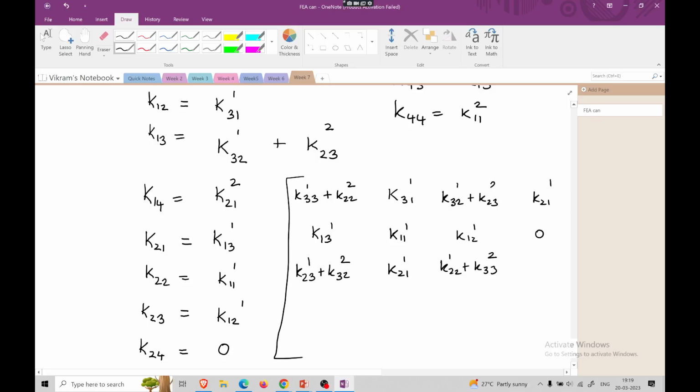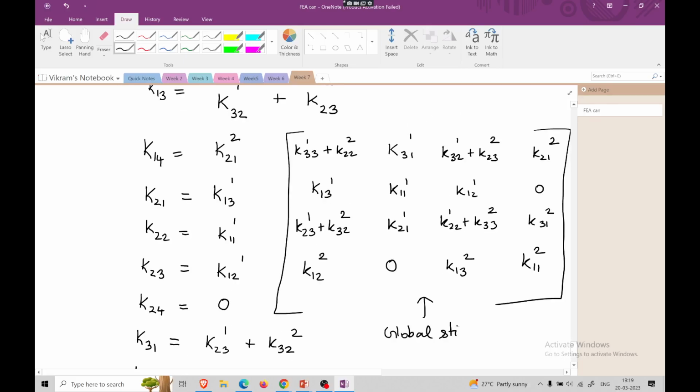Last will be K11 of the second element. So this will be the global stiffness matrix. Right.